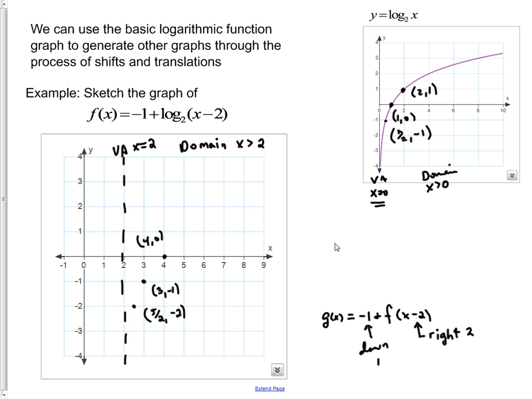Now, how do we know that? Well, remember, to find the domain of one of these logarithmic functions, we set the argument x minus 2 greater than 0, and that gives us x greater than 2 as the domain. So 2 to infinity is how we're going to sketch this.